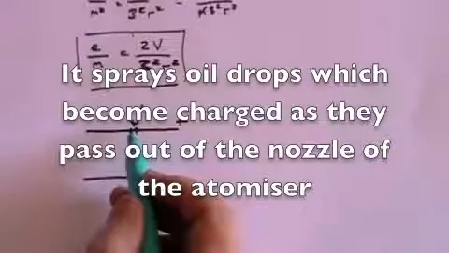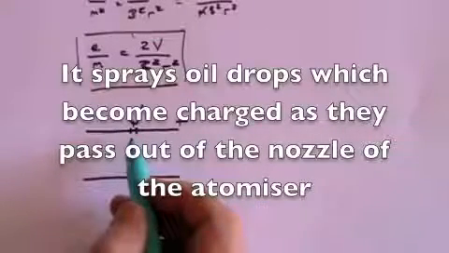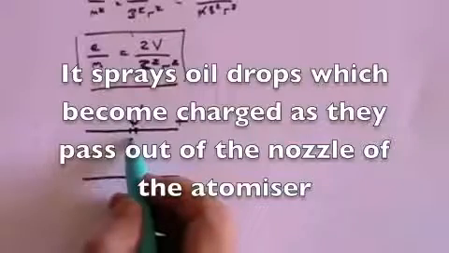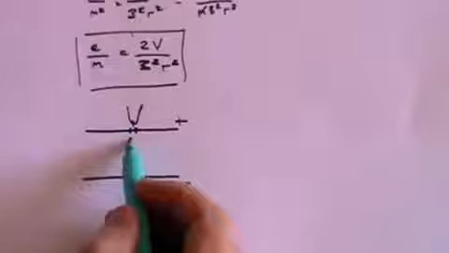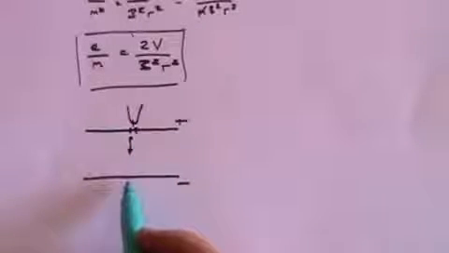And as it sprays out little molecules, little atoms, they get a very small electric charge on them. And of course, since they will have a mass, and since gravity acts on them, they will fall. We haven't got this plate switched on yet. There's no charge on the plate yet. So simply under gravity, they will fall.